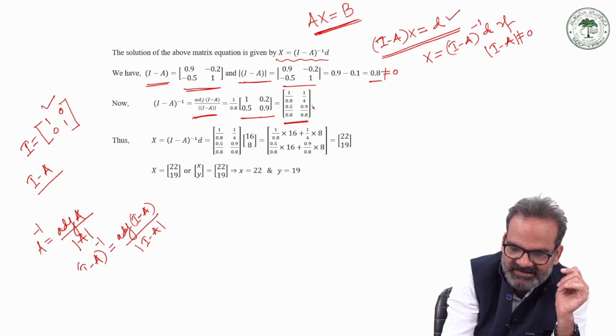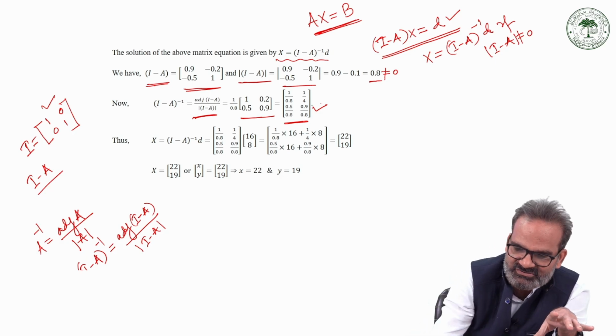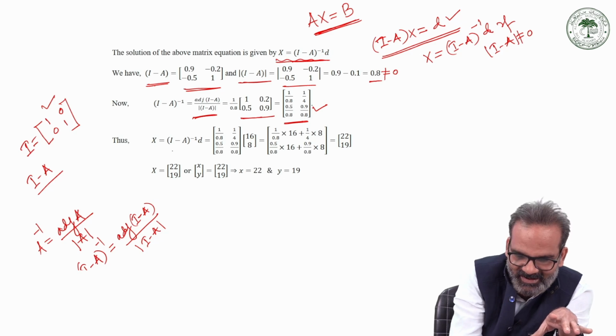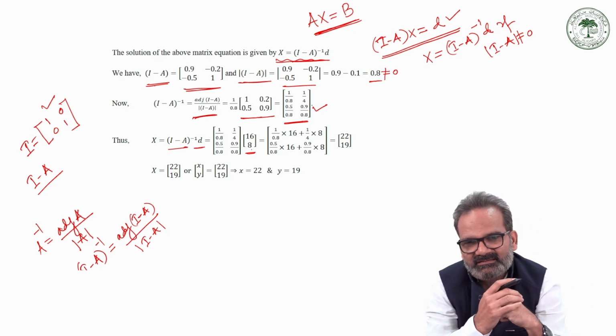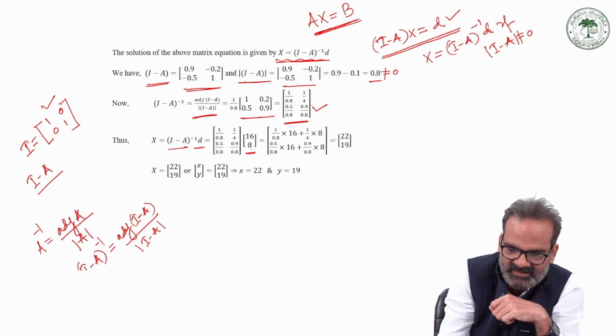So this is the inverse of what? (I minus A) inverse, and the solution is given by x is equal to (I minus A) inverse into D. So (I minus A) inverse should be multiplied with the matrix D, that is the final demand 16 and 8. If you multiply these two matrices, the resultant of the product of these two matrices is coming out to be 22 and 19. This is what?